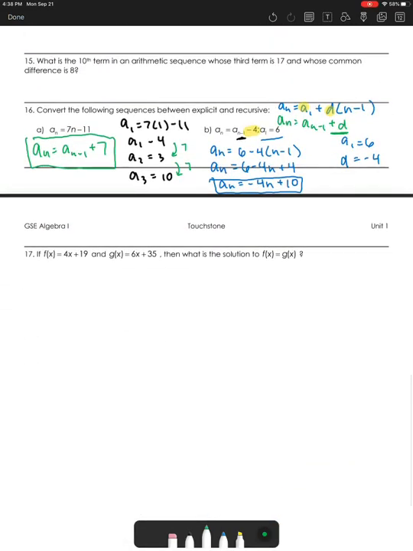So this is the same thing where your outputs, your f of x and your g of x, are equal to each other. So you would set this one up as 4x plus 19 equals 6x plus 35. And then solve for x, and that is your solution.